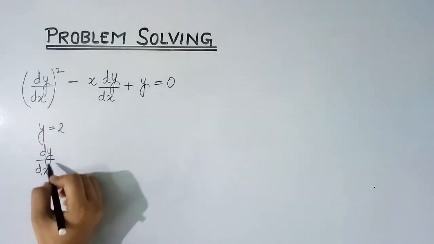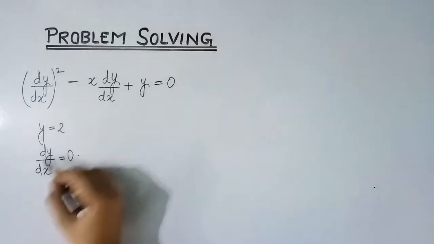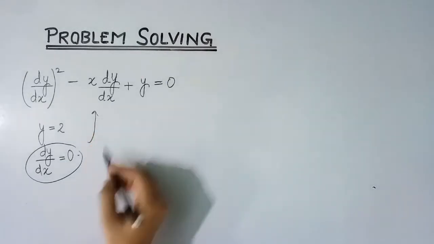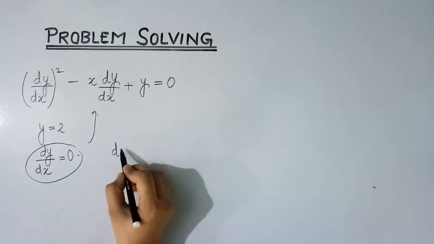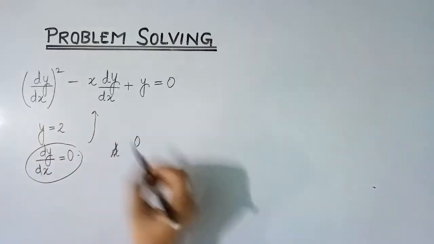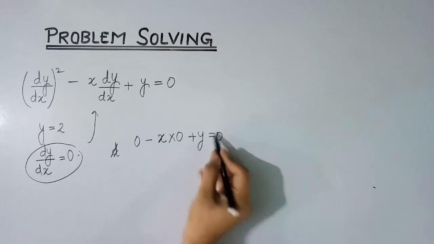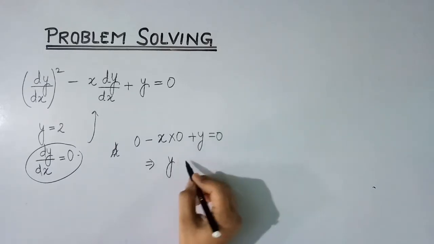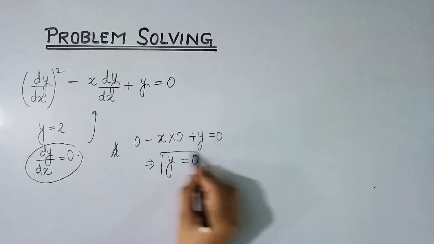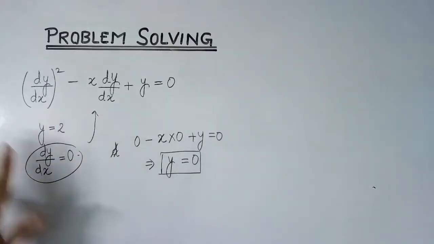So here we get dy by dx is equal to 0, and on putting this value in this equation, this is equal to 0 minus x into 0 plus y is equal to 0. So here y is equal to 0, but this is not satisfied. Here this y comes out to be 0, and here we have taken the option y is equal to 2. So the option is not correct.